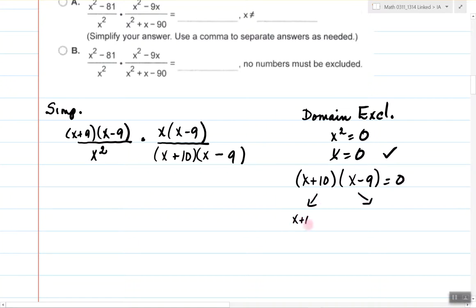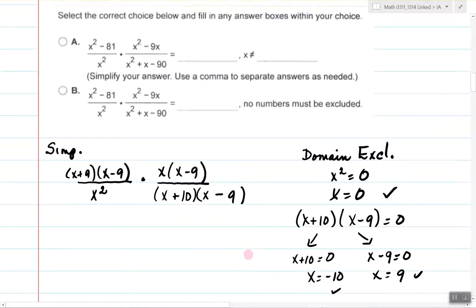So x plus 10 equals 0. X is negative 10. X minus 9 is 0. X is 9. I have a single domain exclusion from the first denominator, but I have two domain exclusions from the second denominator. So up here in the answer choices, I'm going to say x can't be 0, x can't be negative 10, x can't be 9. It doesn't matter what order you put those.